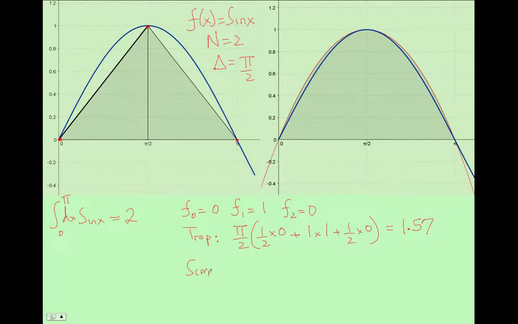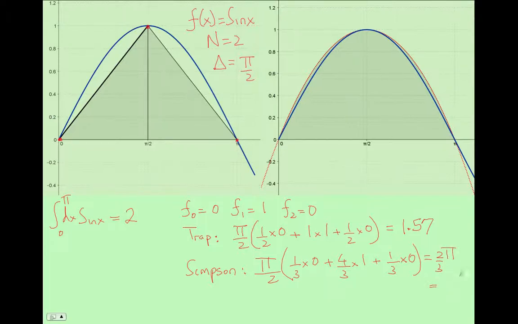Let's now do Simpson. So here the only difference is that the weights are different. The weight for the first point is 1/3. The weight for the second point is 4/3. And the weight for the third point is 1/3 again. So that's now 2/3 pi.